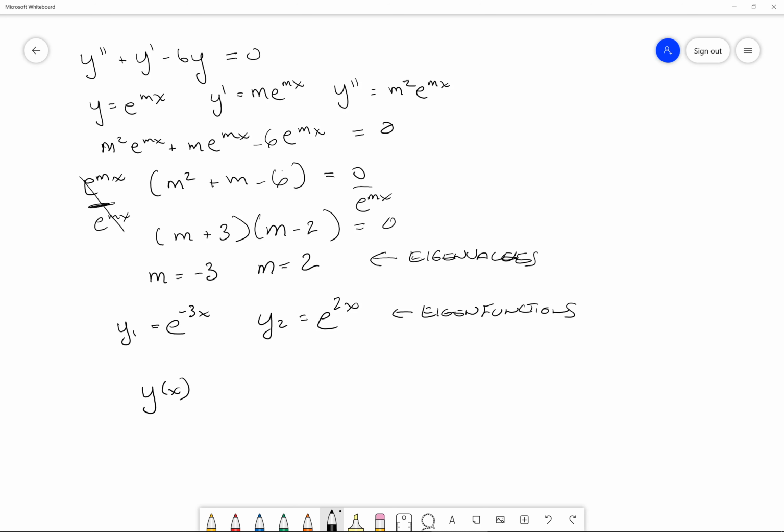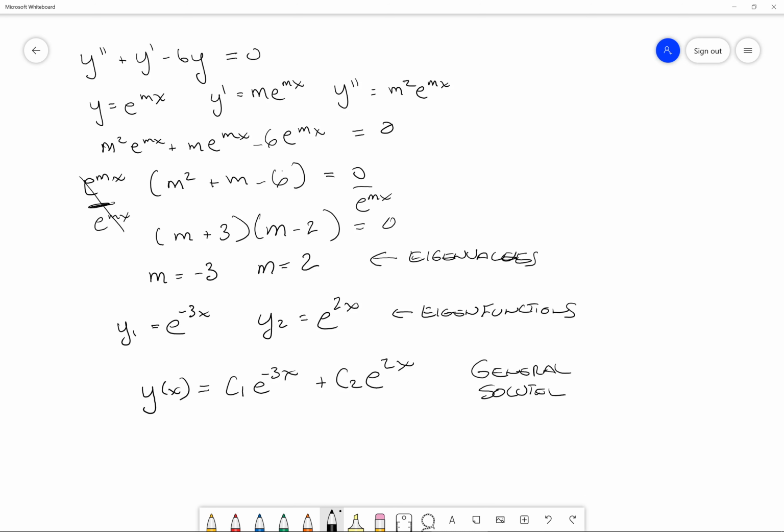They form a basis via linear combinations, or the scaled sum of the two eigenfunctions. So we have C1 e to the negative 3x plus C2 e to the 2x as the general solution. So this is our general solution.